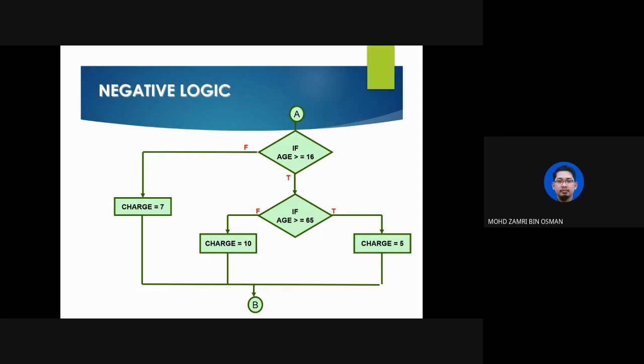Right. The diagram for the flowchart looks like this one because we are accepting the false statement here at the left side. So if this one is false, then we have changed the value of 7 here. Let's say we have age equal to 15, for example.